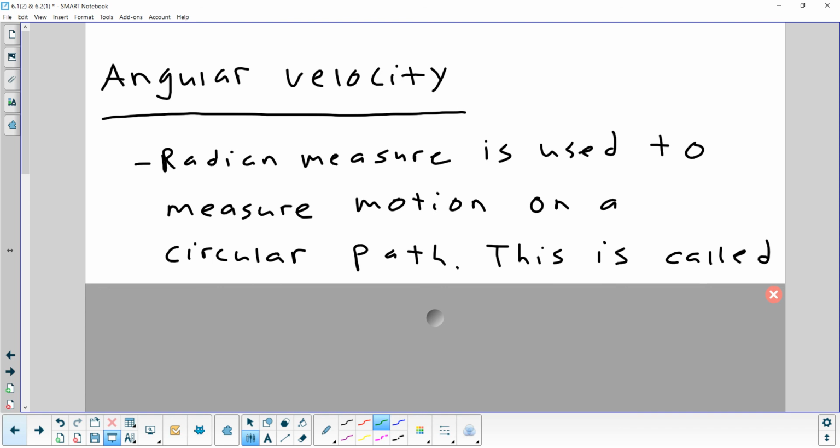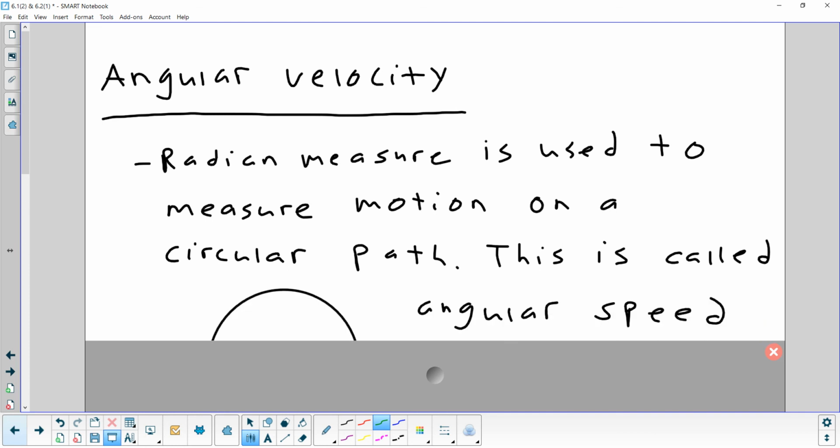So first of all, what angular velocity means, or angular speed, it's the speed of something spinning. You might have worked with or heard of RPMs, those are revolutions per minute. That's the speed of something spinning in a circle. That's called angular speed, or angular velocity, same thing.